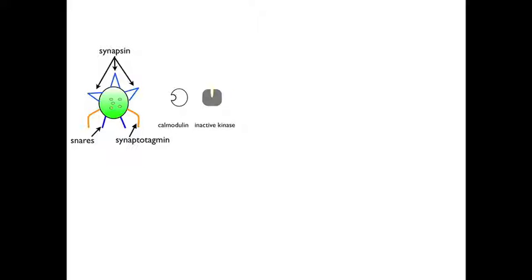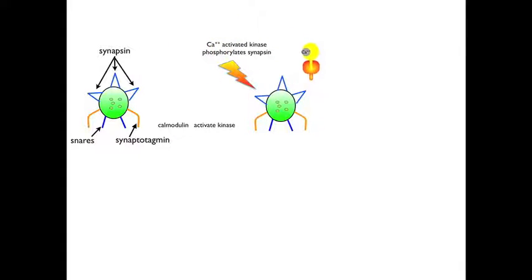In this case, when an action potential allows for the influx of calcium, calcium not only triggers fusion as discussed previously, but also binds to the calmodulin. The activated calmodulin then activates a protein kinase. It is the active protein kinase that then phosphorylates synapsin, as shown here.